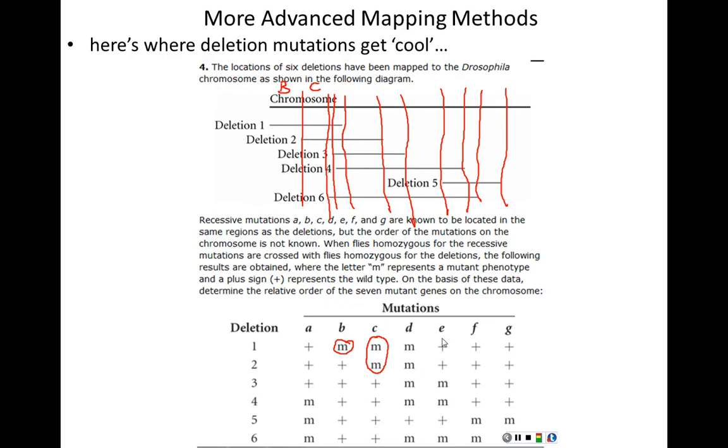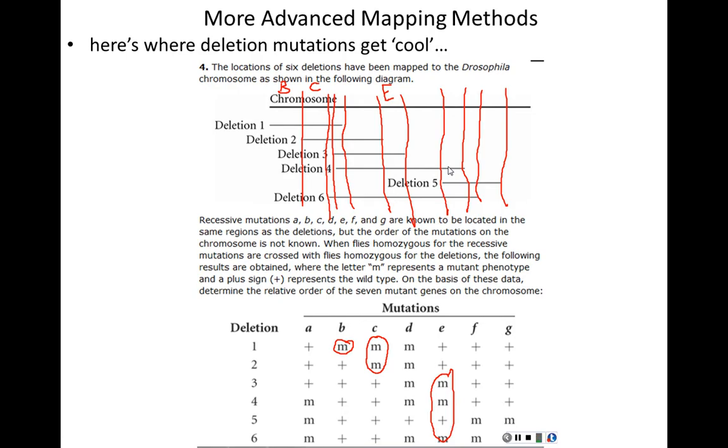Are there any genes that are showing their mutant trait in deletion 3, 4, and 6 only, and no others? Well, that's E. So E must live here, because only this region is missing in deletions 3, 4, and 6 and no others. Since the DNA is present there in the other deletions, the mutation in E can't be masked.